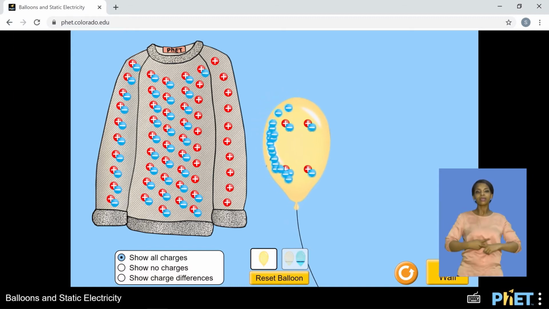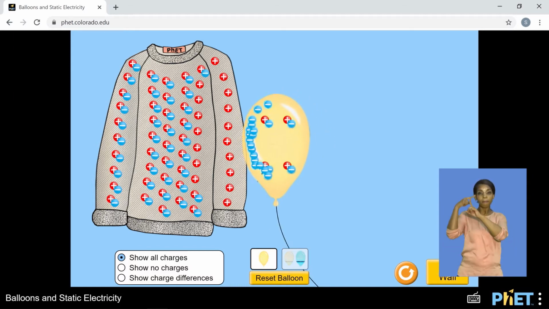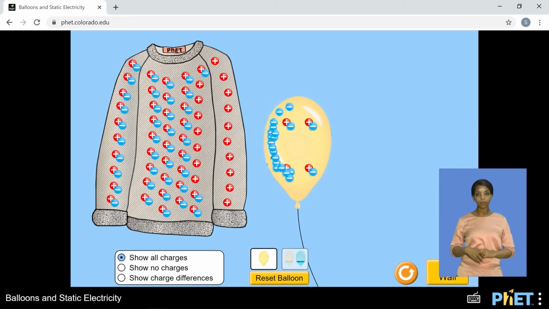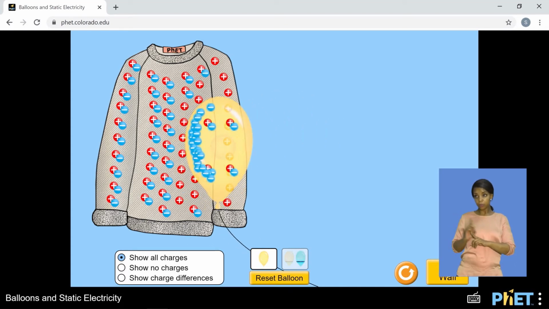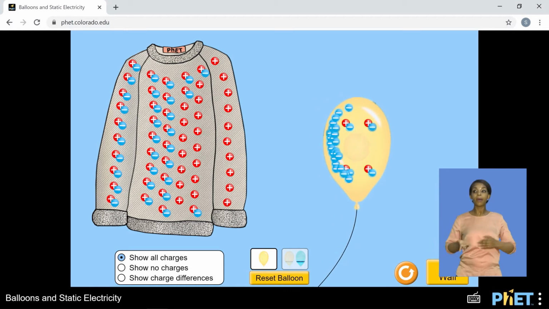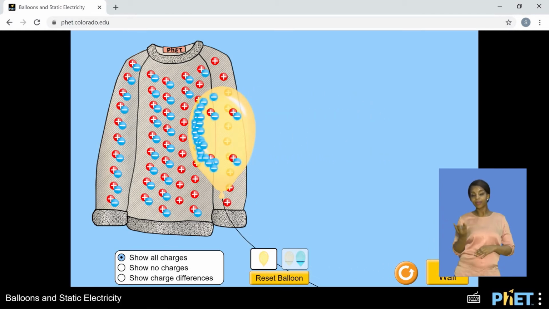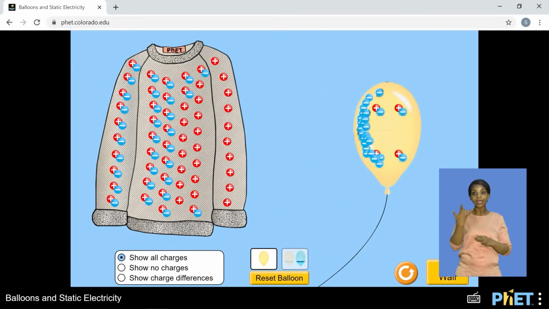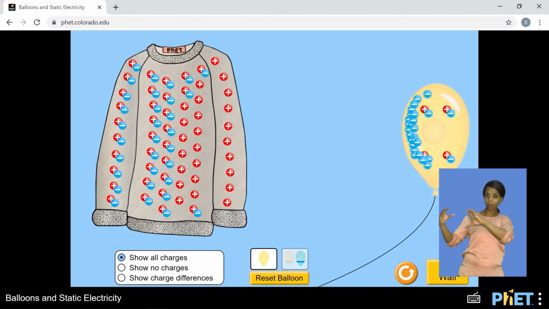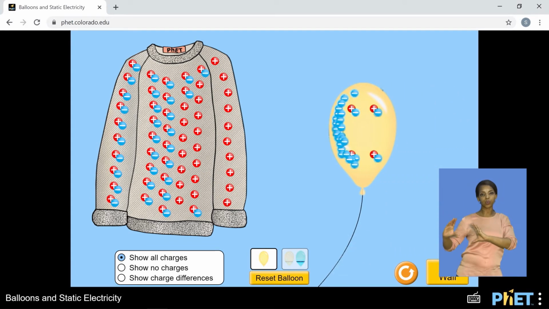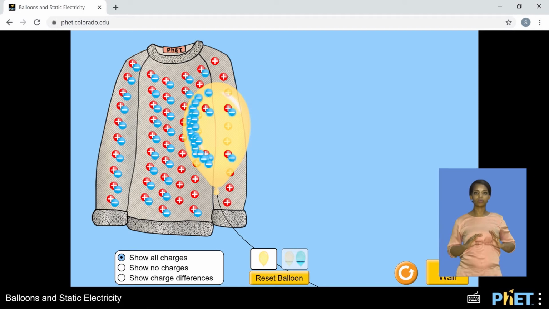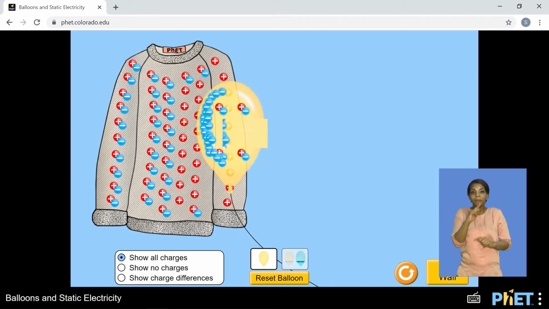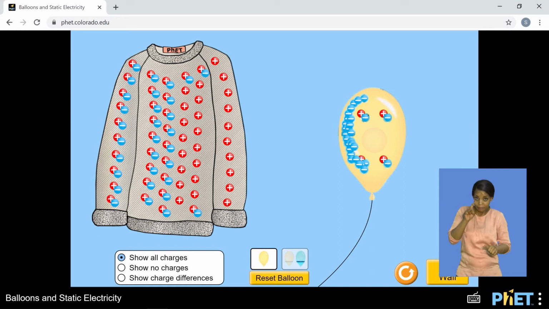If they come into contact, the transfer happens. If we bring them closer, we still have more and more charges getting to the balloon, and if we pull it away, naturally, this balloon will move towards the jersey, as you can see. It's magic, but it's the science which explains how charged materials interact with each other.